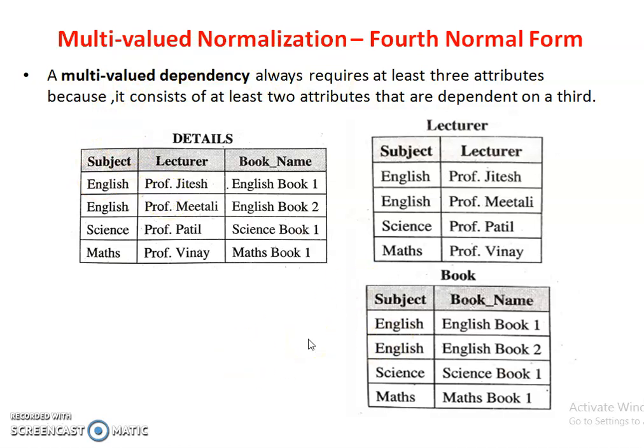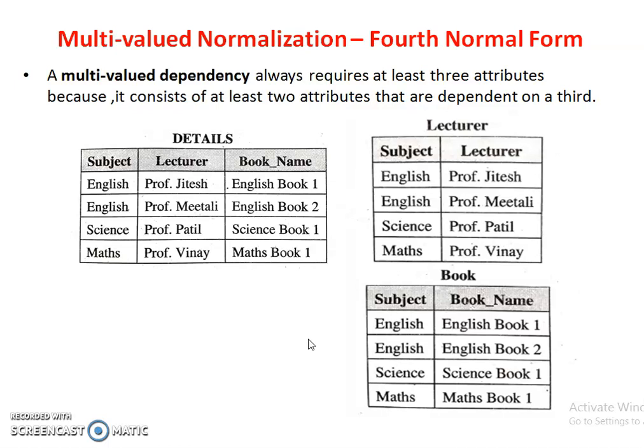Now we discuss the difference between fourth normal form and Boyce-Codd normal form. In fourth normal form, the database design should already be in third normal form and BCNF. In case of BCNF, the database design should already be in third normal form.